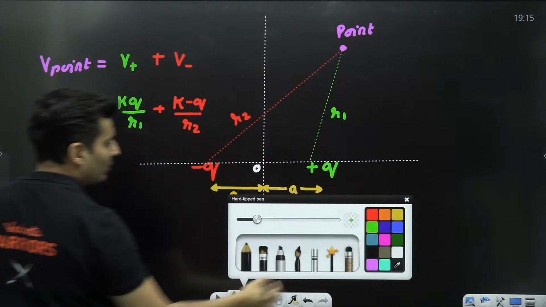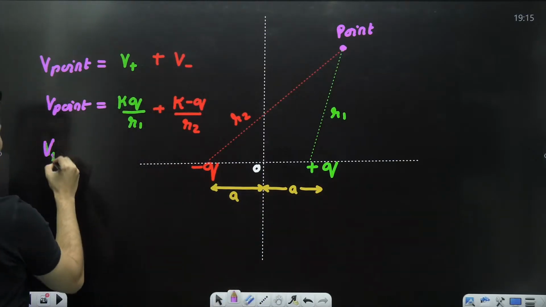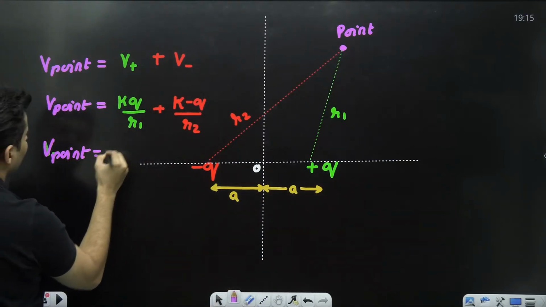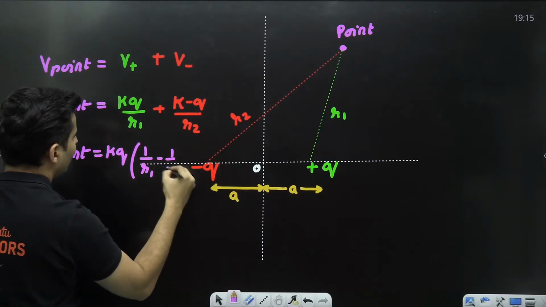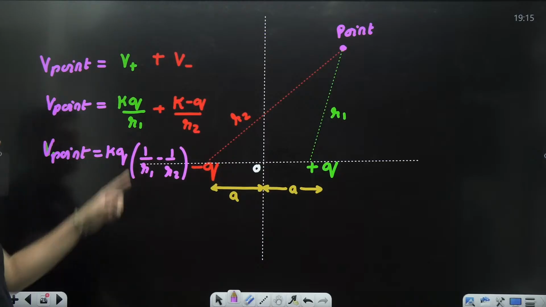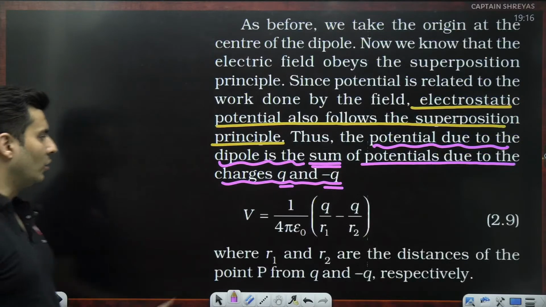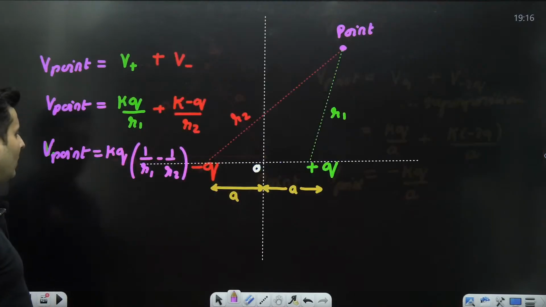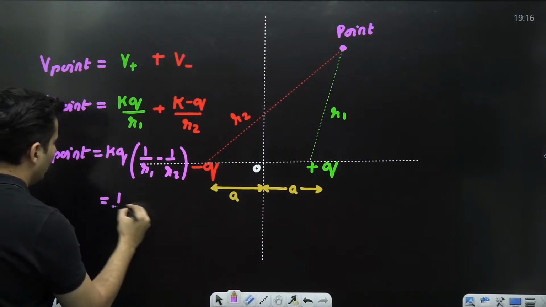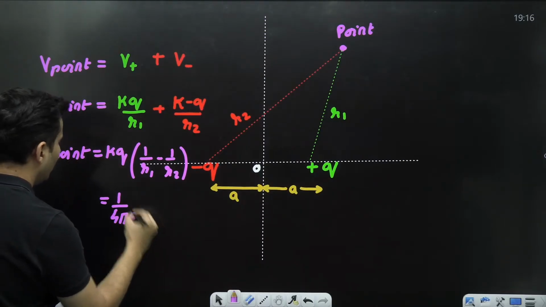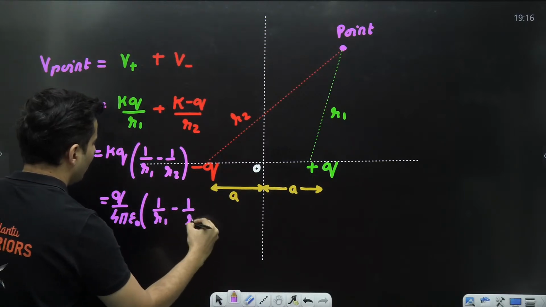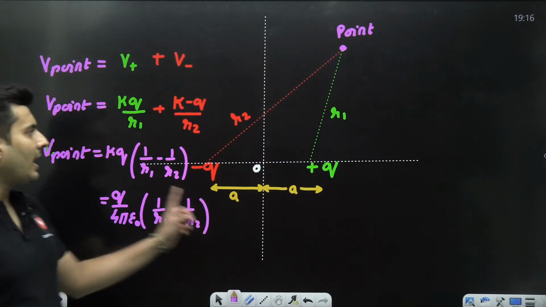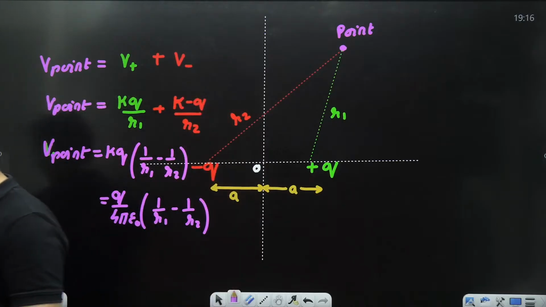The potential at that particular point will be KQ common, 1 by R1 minus 1 by R2. Is this clear? That is what they have done over here. And that K also, you can further write as 1 by 4 pi epsilon naught, times Q, times 1 by R1 minus 1 by R2. Is that absolutely clear, my dear students?